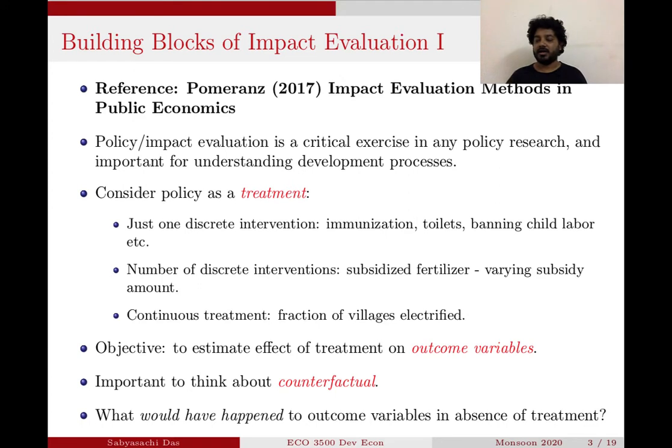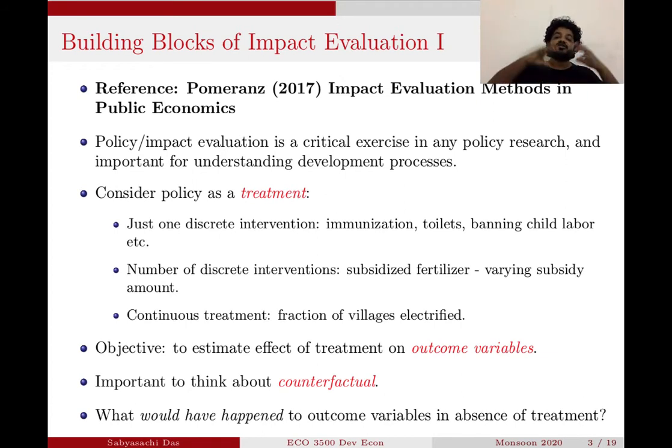So today we will talk about these causal relationships in the form of trying to identify the impact of policy. This second example is the kind of example we should have in mind. That's what I mean by impact evaluation.